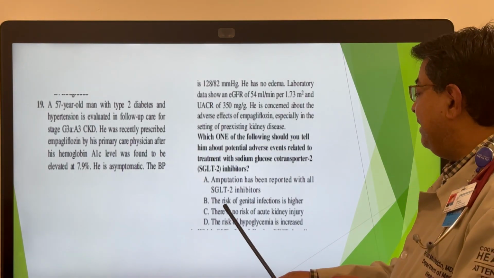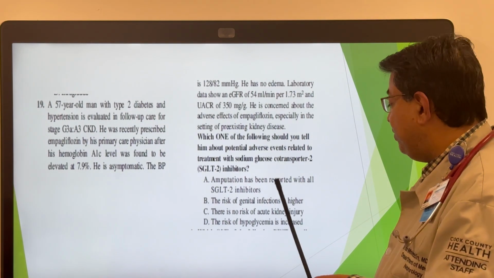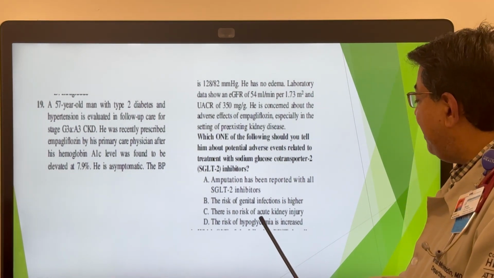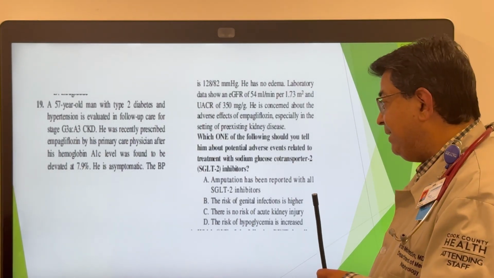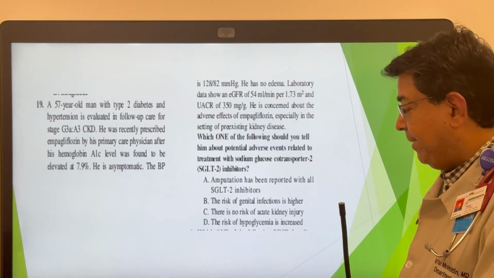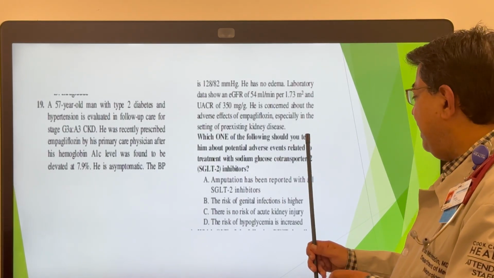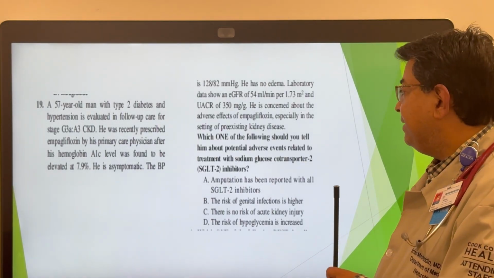The data at this point is probably not complete, so this statement should not be made. The risk of hypoglycemia is increased. The risk of hypoglycemia is not increased unless the patient is on other anti-diabetic medications. So the answer is that the risk of genital infections is higher. Next slide.